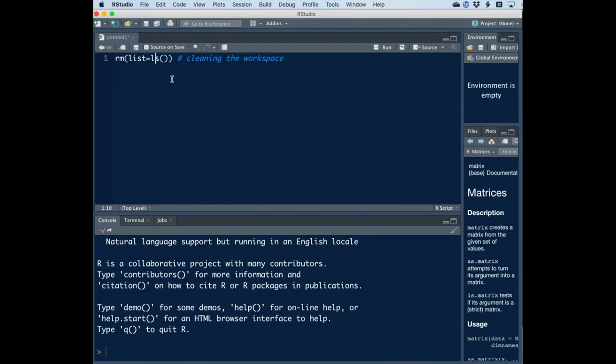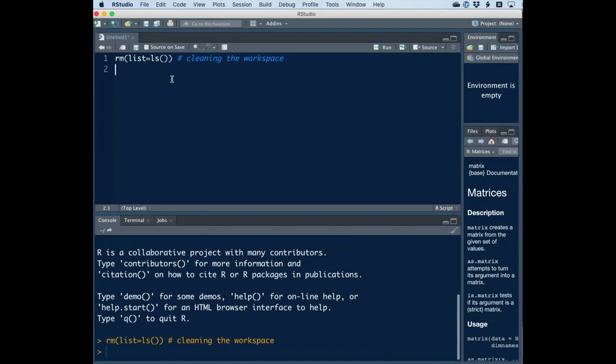So before we execute the command, we need to send it to the console by pressing Ctrl-Enter, or in my case, I have a Mac, it's Command-Enter. Here we go. The environment, the workspace is empty now, and that's good for us.